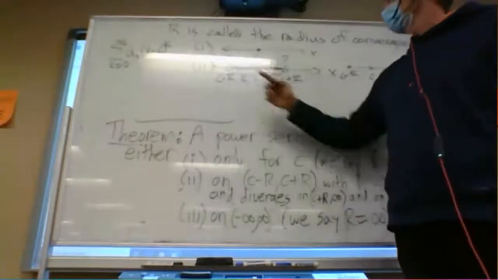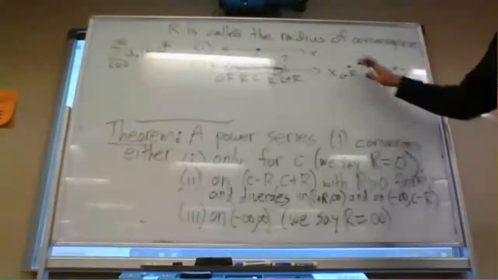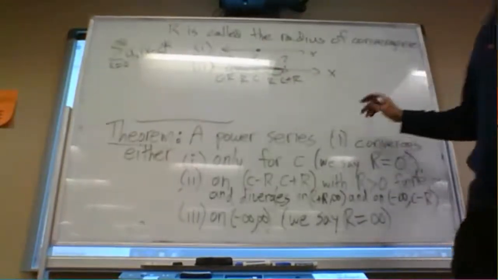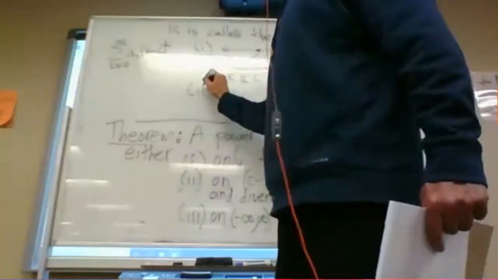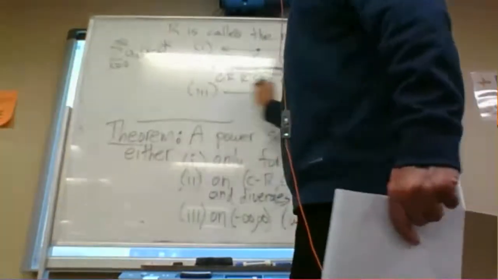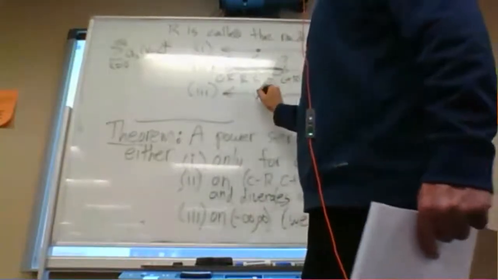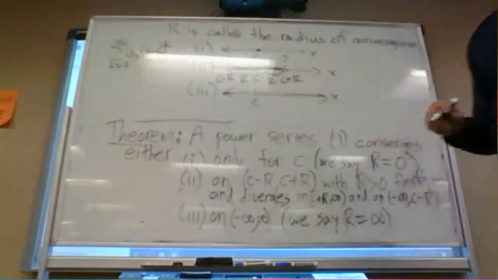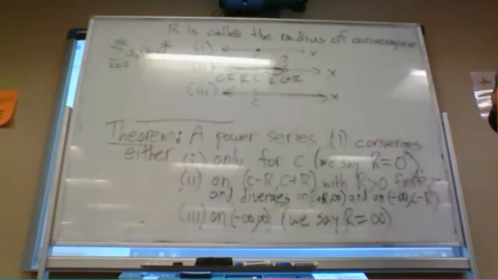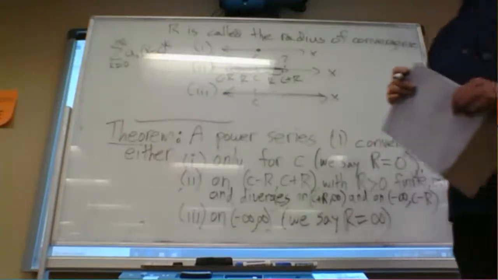And it diverges when you go past r. But along the circle of radius r, it may or may not converge. That's the idea. And then finally, case 3, you just shade the whole number line, right? It converges for all values x. Questions on that?